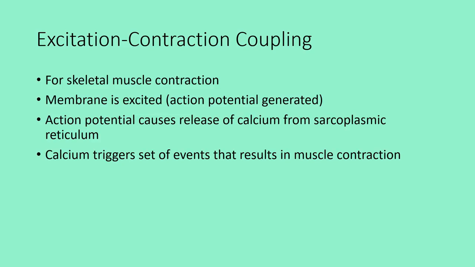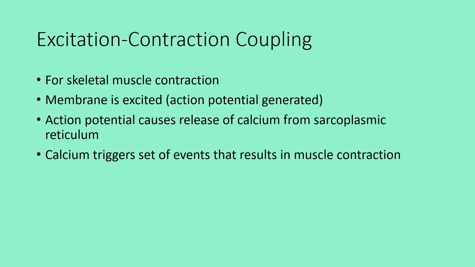What does that action potential do? What does that electrical charge moving down the surface of the plasma membrane do? Well, remember the sarcoplasmic reticulum, the SR, that specialized smooth endoplasmic reticulum in muscle fibers. I said that in there is where you store calcium. When this electrical charge comes down, it's going to release calcium into the sarcoplasm, or the cytoplasm. And why is that important?